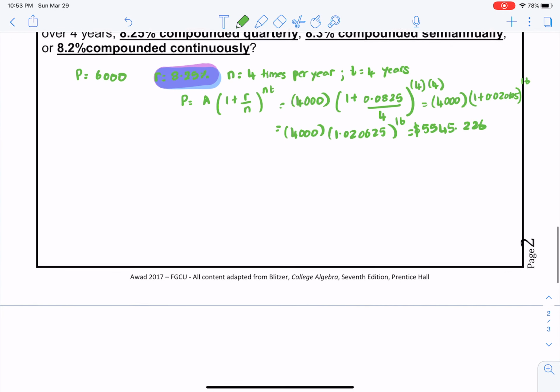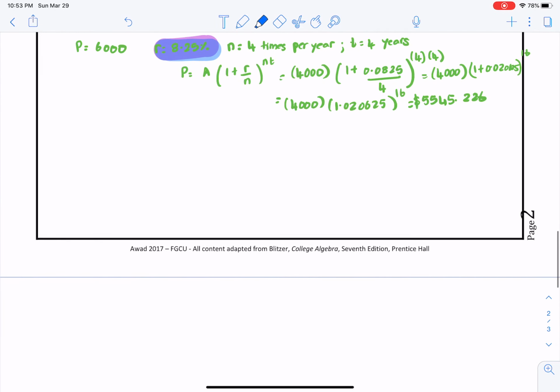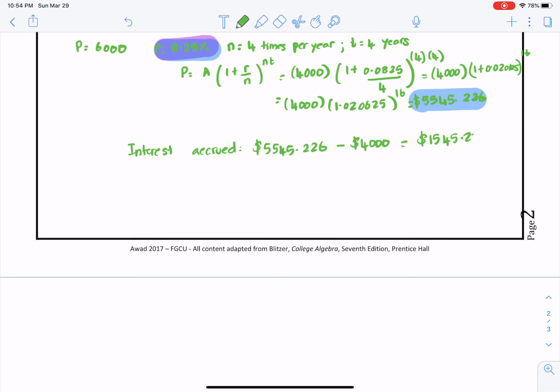So in the first case, the interest accrued would be that amount minus the principal, 5,545.226 minus 4,000, and you end up getting 1,545.226.